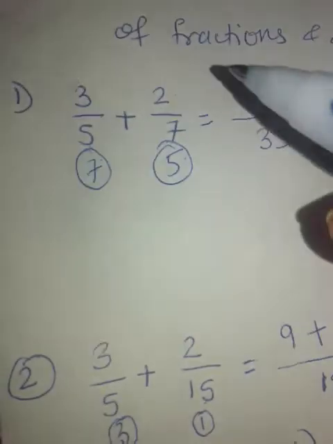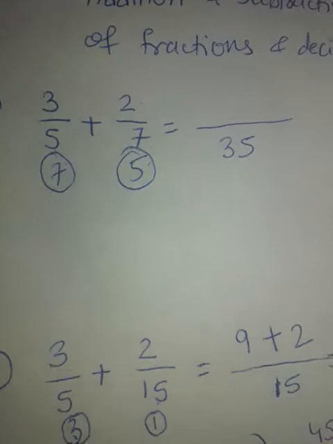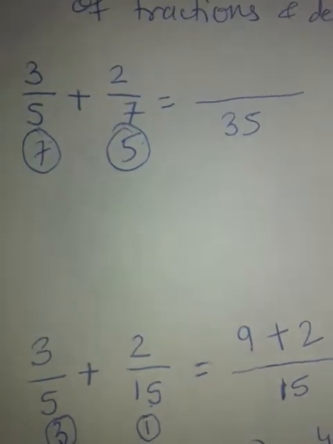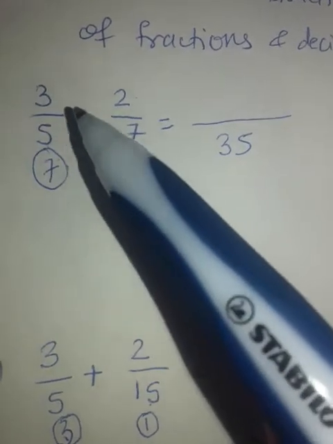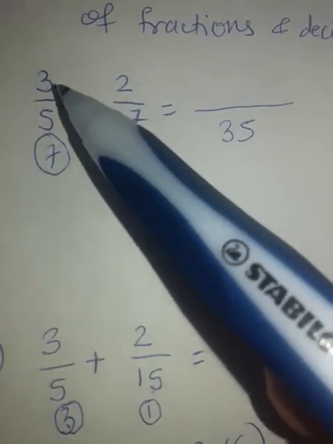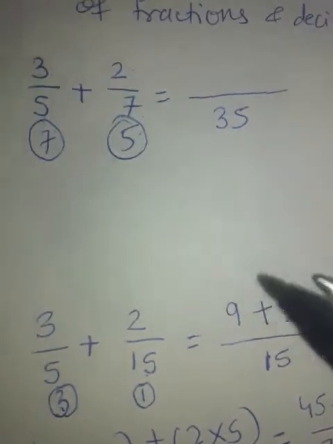Now what will you do? 3 multiplied by 7 and 2 multiplied by 5. Now you will understand why the teacher taught you that cross multiplication procedure. In cross multiplication you do it this way, right? 3 into 7. Here also we are going to do the same. See, 3 into 7. 2 into 5. Here also we are going to do 2 into 5.